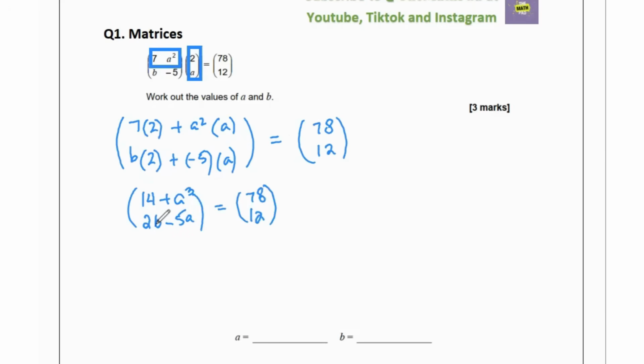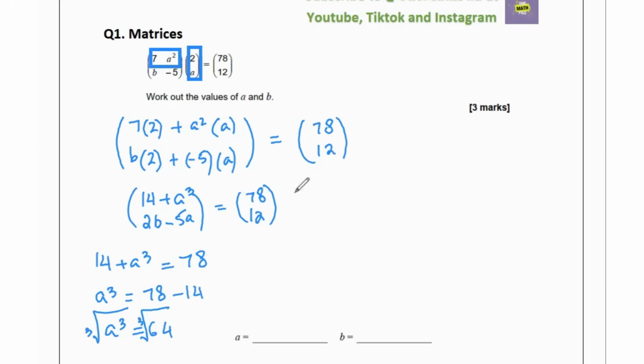So we put 14 plus a cubed equal to 78. So a cubed equals 78 minus 14, which is 64. Cube root both sides, so a is 4.